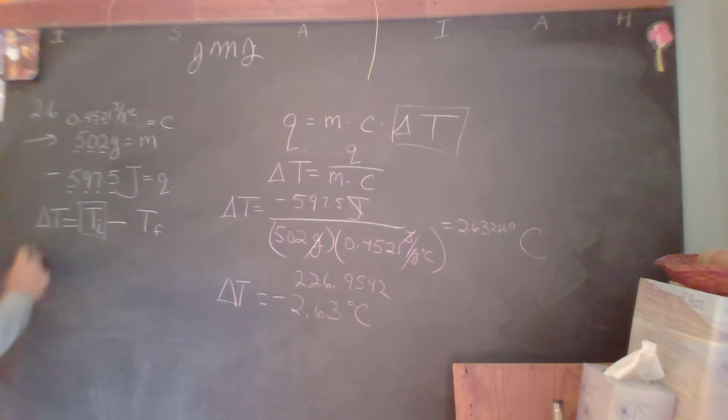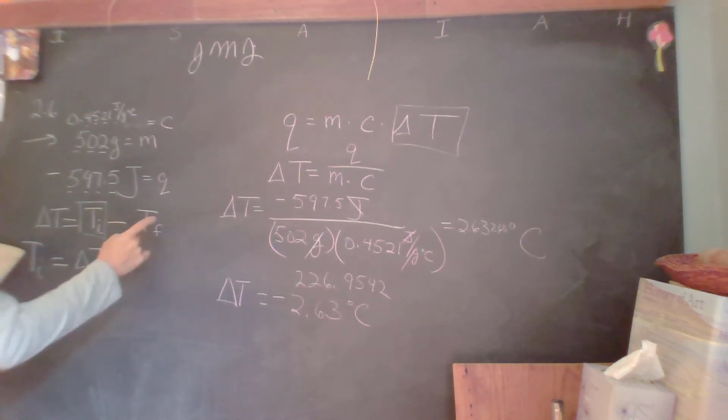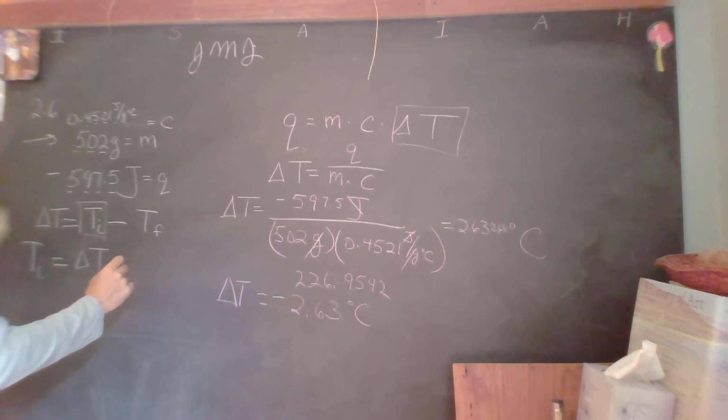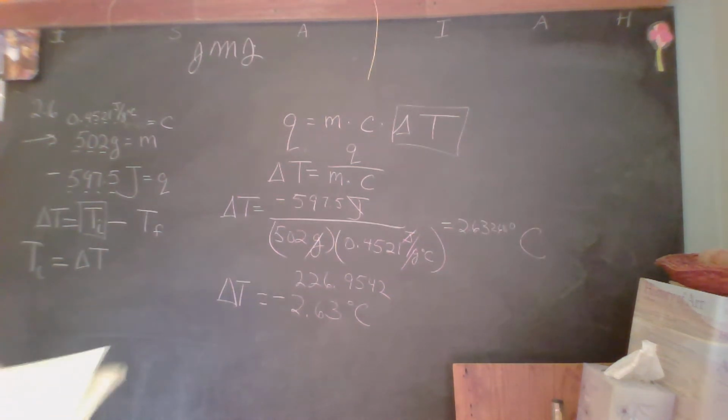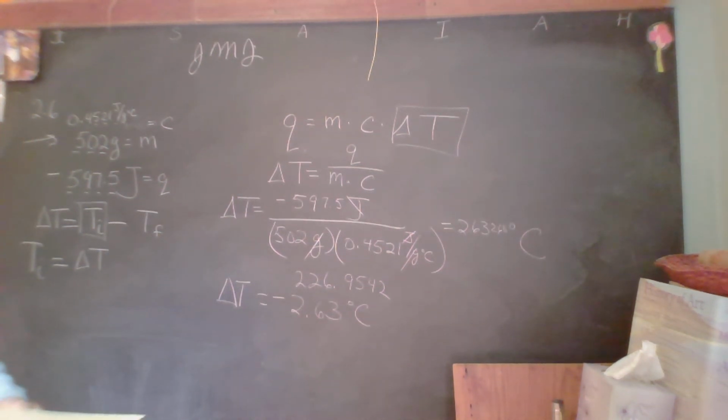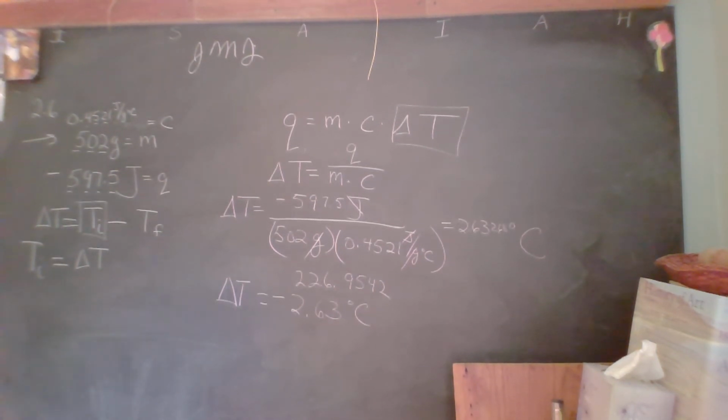So we're going to say Ti is going to equal delta T plus, oops, I'm lying. I'm lying again. This is so bad. So bad. This is the final minus the initial.